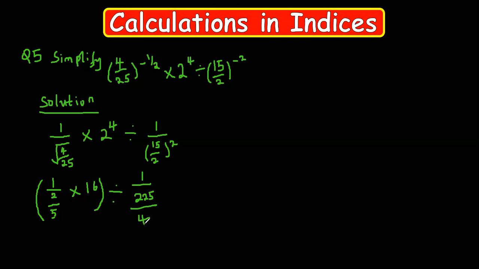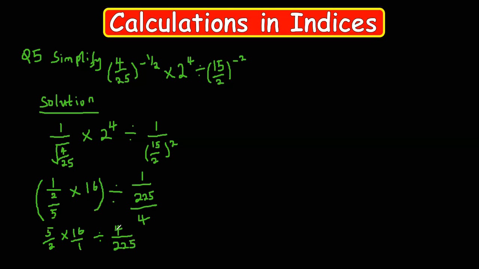Now we can simplify. So 1 over 2 divided by 5 is going to be 5 over 2, times 16 over 1, divided by the same thing here. Since it is 1 over 225 divided by 4, it's going to be 4 divided by 225.